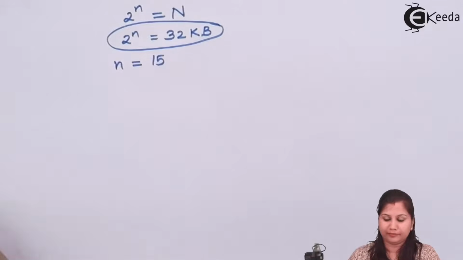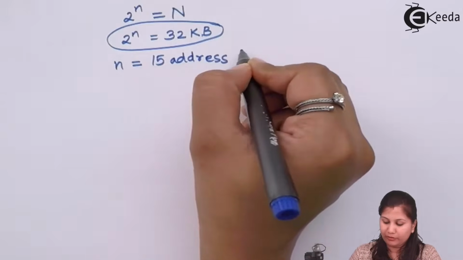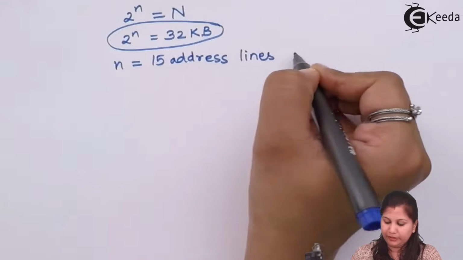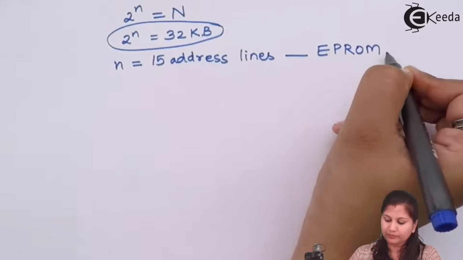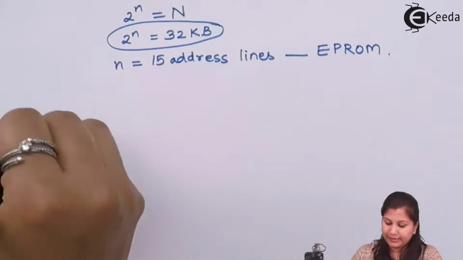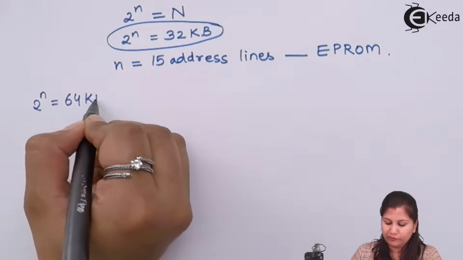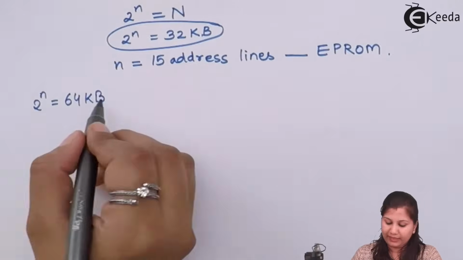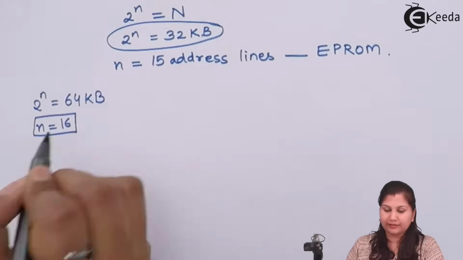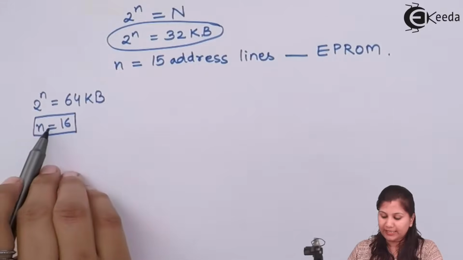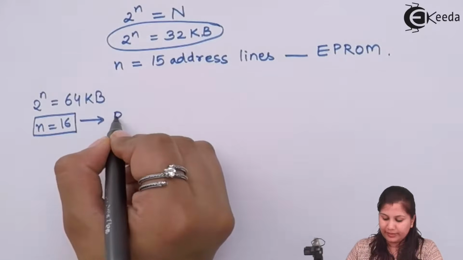So 15 address lines will be required to address the EPROM. In the next case, we have 2 raised to the power n equals 64 kilobytes. When we calculate this, we get n as 16. So 16 address lines will be required to address the RAM chips.